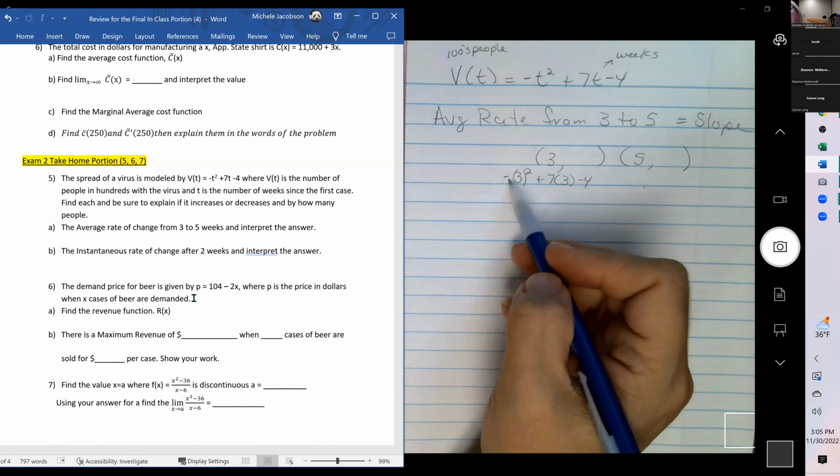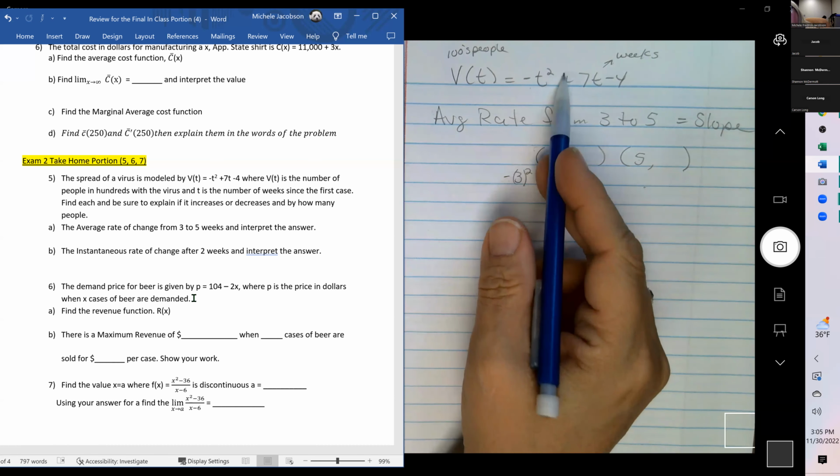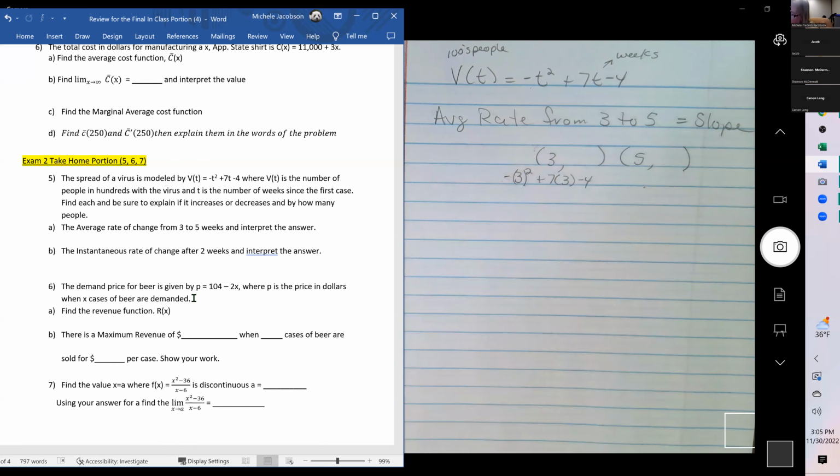The negative is not being squared, only t.